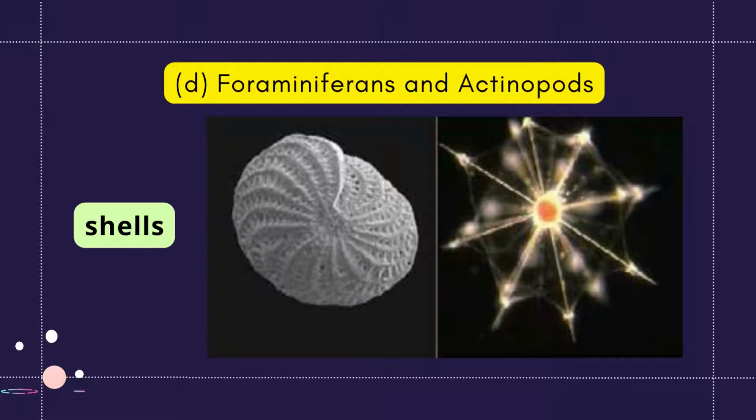These marine protozoans produce shells or tests. The shells of foraminifera are made of calcium, whereas the actinopod shell is made of silica. That's why it looks glassy.